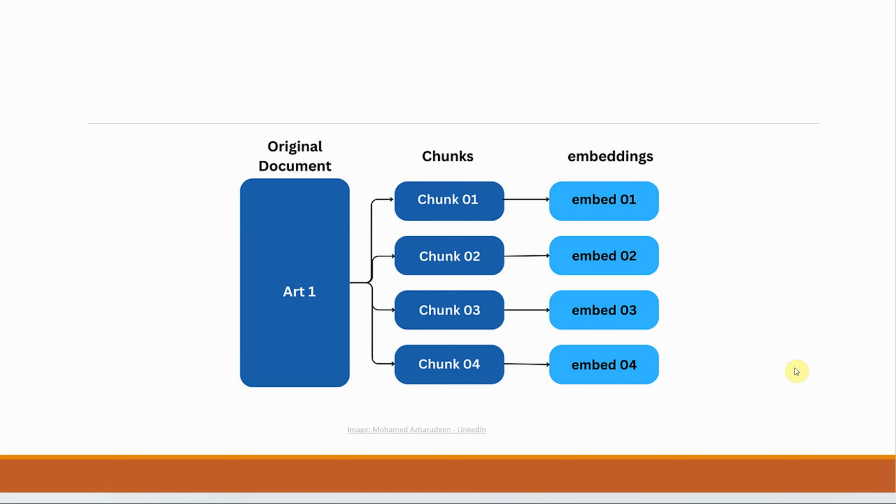This approach works fine, but there are a lot of cases where it doesn't work very well. Let's take an example: you have written an essay on the world map. The first chunk contains information like: the world map contains this many countries, the world map has this many oceans, continents and all those. But if you go through the essay further, you will see that we are not using the word map every time.